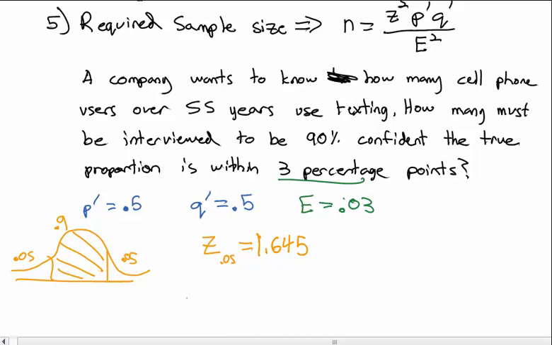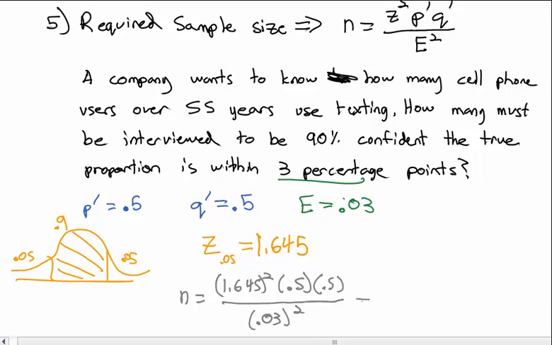Let's go to the formula. N equals Z, 1.645 squared, times P hat, which is 0.5, times Q hat, which is 0.5, divided by the error, which is 0.03, squared. Let's type that in our calculator. 1.645 squared times 0.5 times 0.5 divided by 0.03 squared.